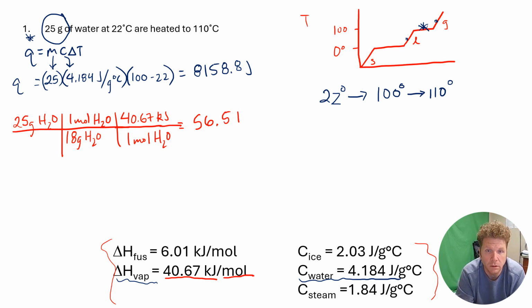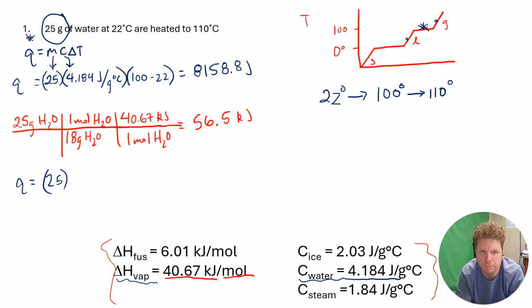And the answer here is 56.5 kilojoules. So I figured out the heat required to increase the temperature of water from 22 to 100 degrees Celsius. I've also figured out the energy associated with 25 grams of water converting from a liquid to a gas. The last thing I need to do is figure out, with another Q equals mc delta T calculation, the amount of heat required to increase the temperature of 25 grams of water by 10 degrees Celsius.